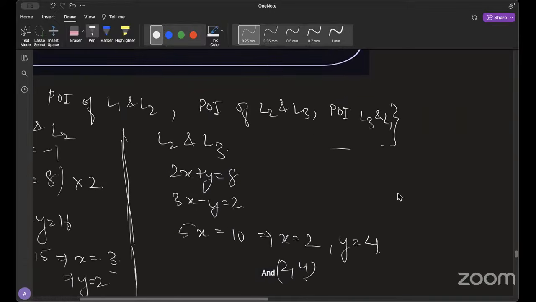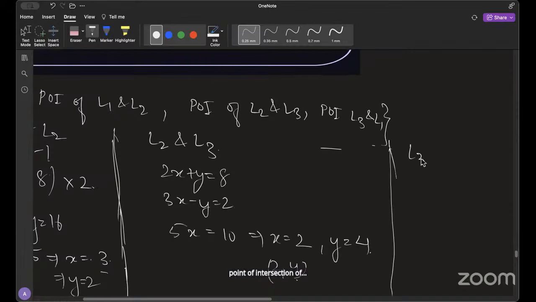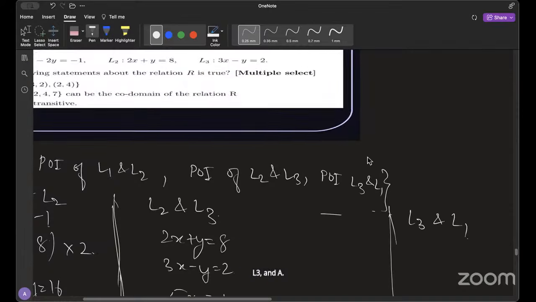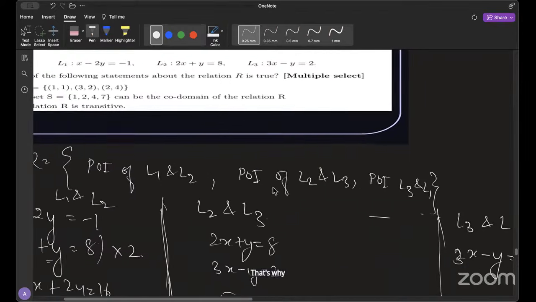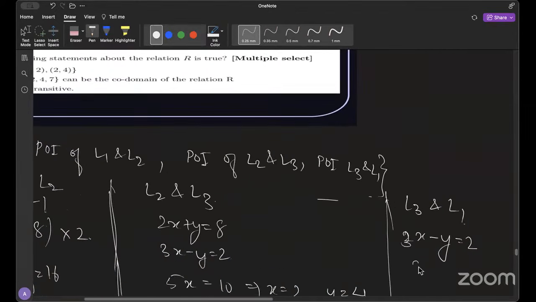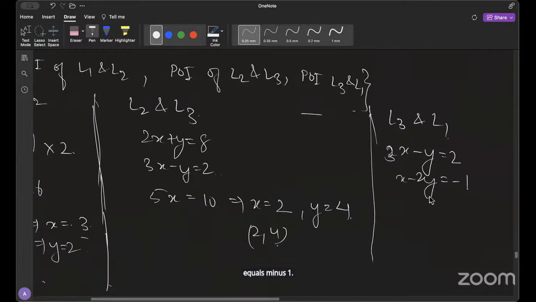And let's finally try to find the point of intersection of L3 and L1, with x minus y equals minus 1. Both the signs are the same, right?